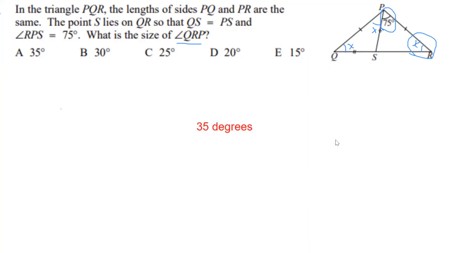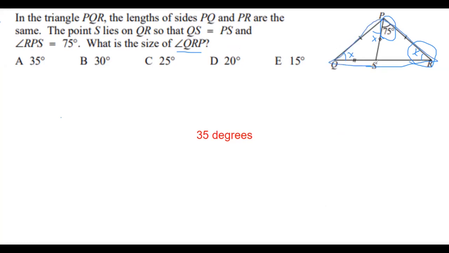Since all the angles in a triangle sum to 180 degrees, we can use this big triangle QPR, and the sum of the angles is 3x plus 75, because if you take a look, all these are the angles that are part of this big triangle. So 3x plus 75 is 180, and solving the equation, you get x is 35.